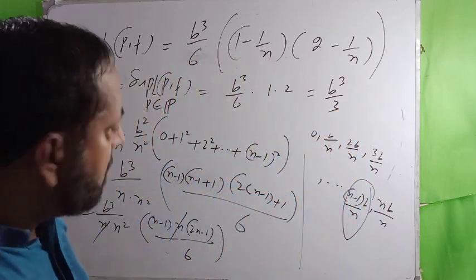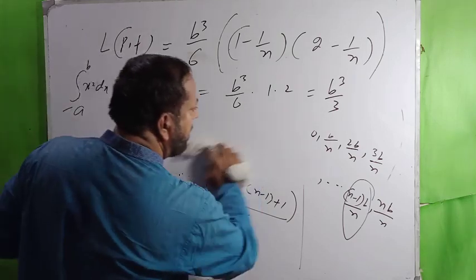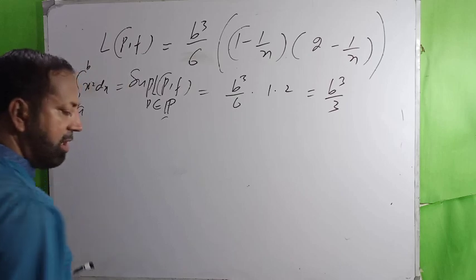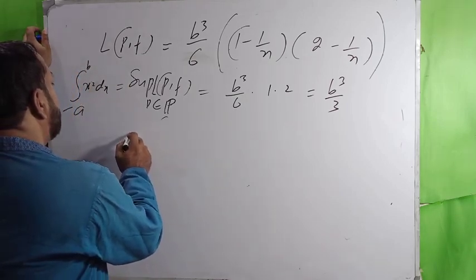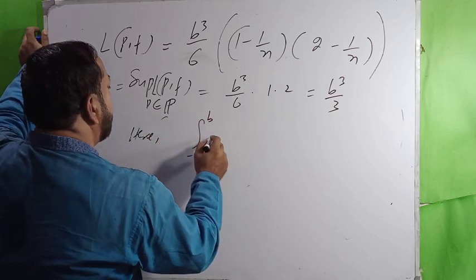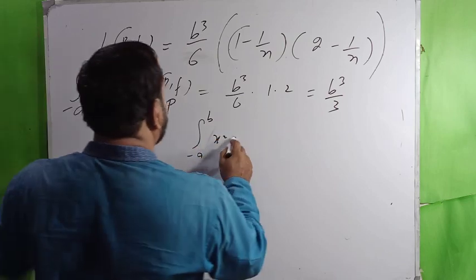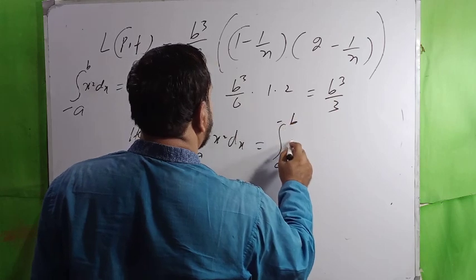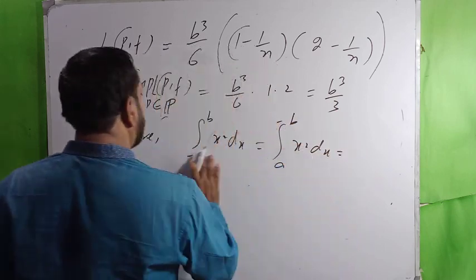So, since the lower and upper integrals are equal and equal to b cube by 3, that's why you have the answer that this is Riemann integrable. So here the integral of x square dx, sorry, from 0 to b.